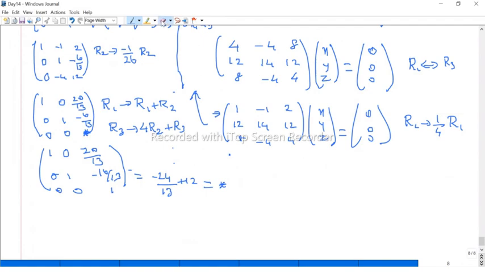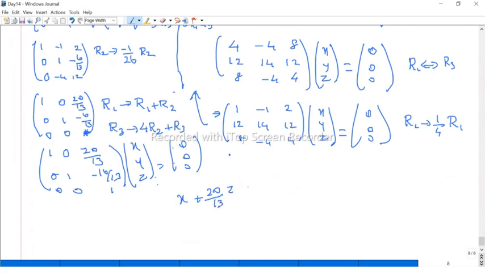Now we multiply this by x, y, z to get a relation between x, y, z, equal to 0, 0, 0. From the first equation, we get x plus 20 by 13 into z equal to 0. From the second, we get y minus 16 by 13 into z equal to 0. Finally, we get z equal to 0.